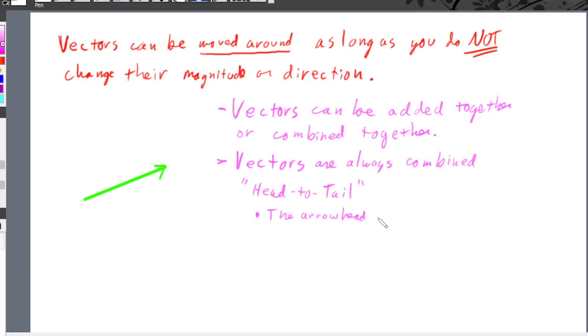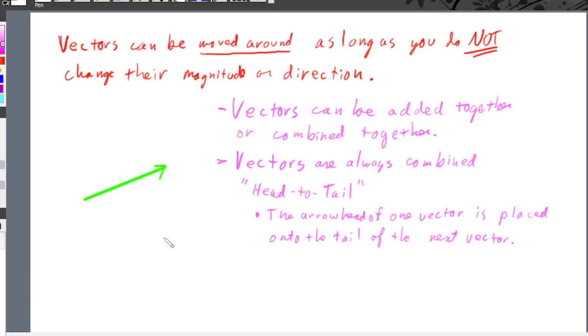The arrowhead of one vector is placed onto the tail of the next vector.